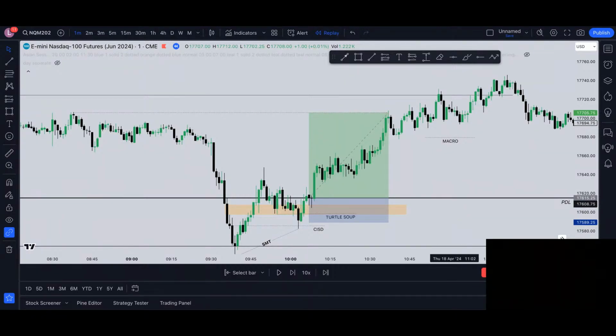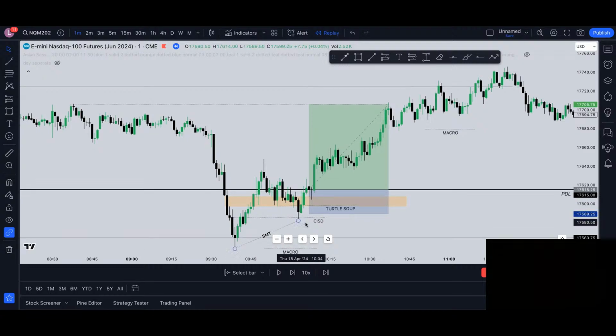They are very strong PD arrays, because see, over here it failed because price just went back to the optimal trade entry area, to the change in state of delivery, CISD, and once again took the sell side.